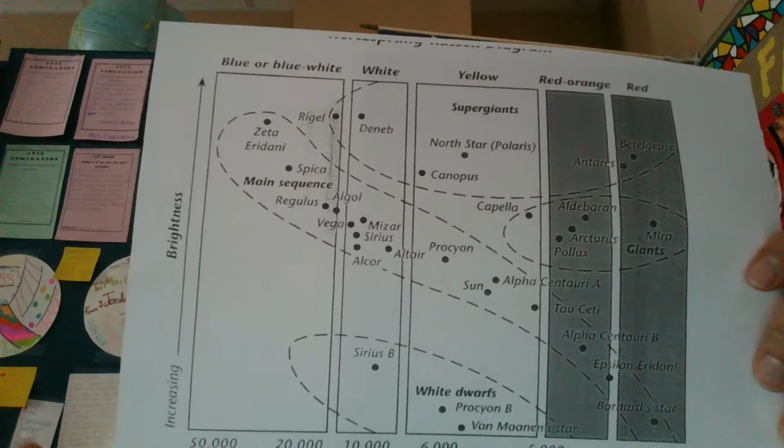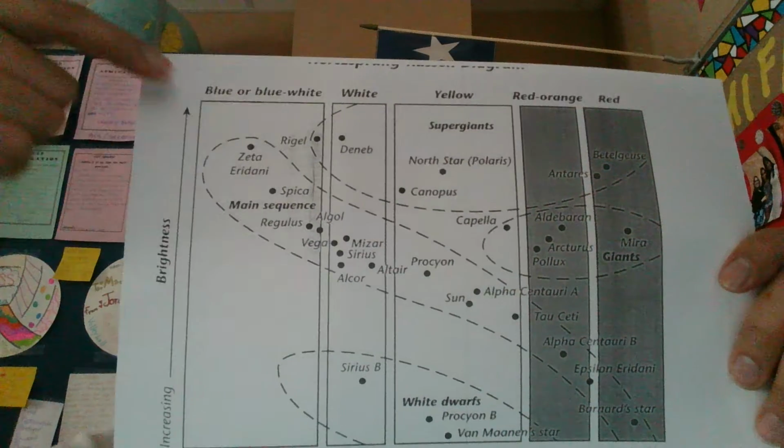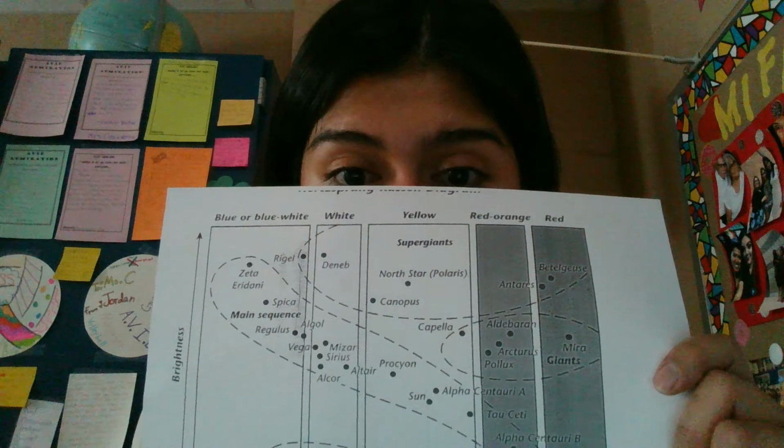And it's going to be hot, so it has to be on this side. That means I know the size. If it's a super giant, we know, hey, large. So I'm going to get my pencil and write large for size.